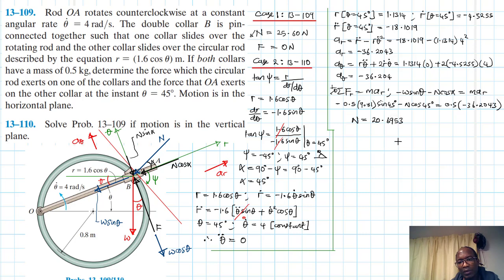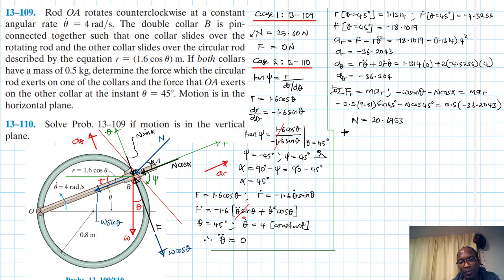Let me repeat it: 0.5 times 36.2043 minus 0.5 times 9.81 sine 45, and divided by cos 45.